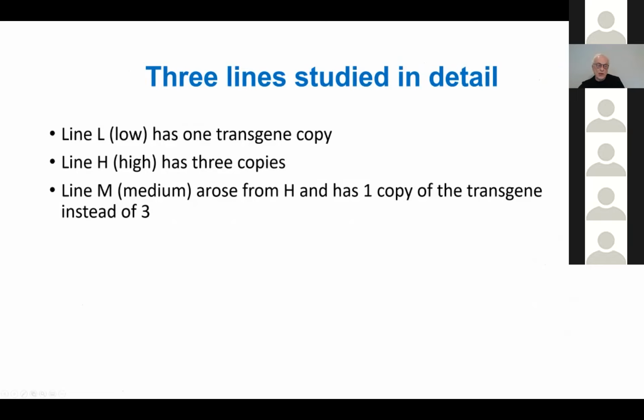In one line of mice, there is a single transgene copy, and that expresses relatively low levels of erythroferrone. In the high line, there are 3 copies, and it expresses high levels of erythroferrone. And then spontaneously from the high line, another line was generated that expresses intermediate levels, which we call the medium line. And it has only 1 copy of the transgene in the same location as the high line.